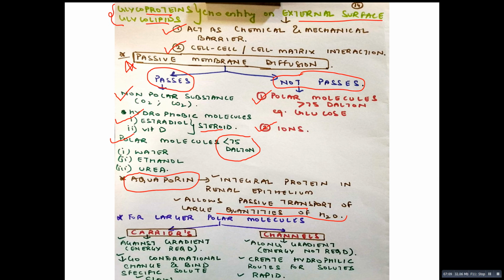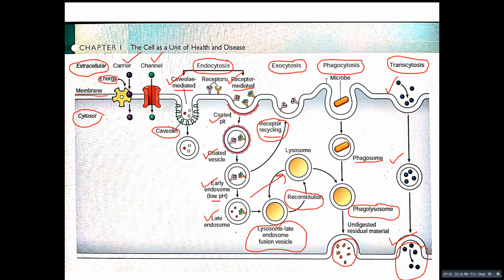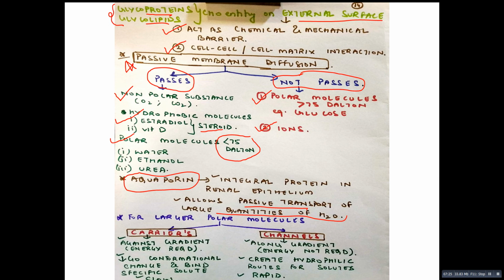As you remember, we read about the carriers and the channels before. These are the carriers and these are the channels, as I had mentioned. What are the differences between carrier and channel? Carrier is against the gradient, so energy will be required, whereas channels are along the gradient, so energy is not required.